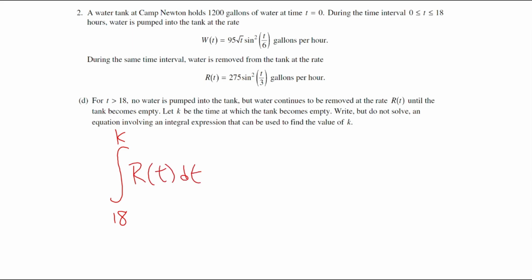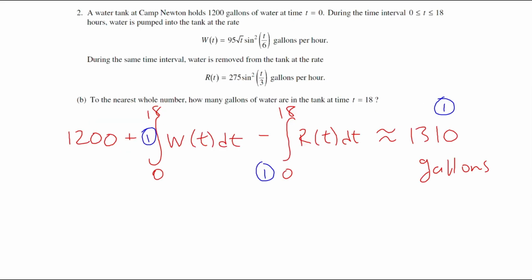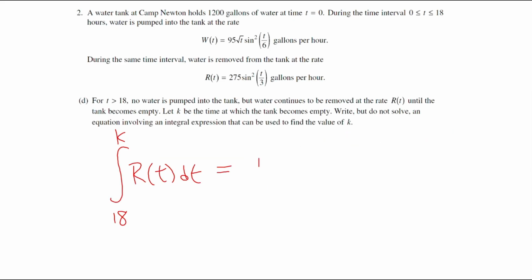Well, we just want that integral, the amount that's removed, to equal the amount that was in the tank at t equals 18. And so if we go back here to part B, we can just use this approximation that we found here of 1,310. So we'll just say this integral needs to equal 1,310, because that's how much we needed to remove.